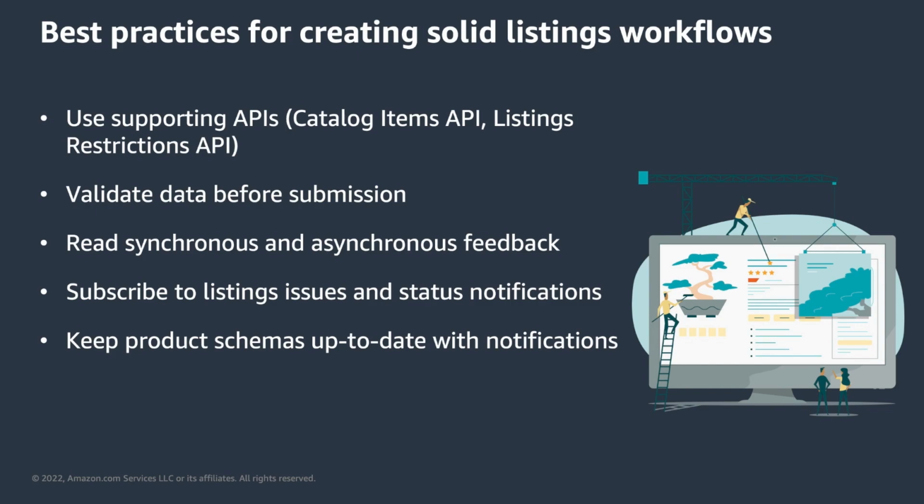Finally, keeping product schemas up to date is very important in order to guarantee that you are always validating and submitting against the latest requirements for the product type. The best way to achieve this is by subscribing to the product type definitions change notification, which will inform you as soon as a new product type or a new version of an existing product type is launched.